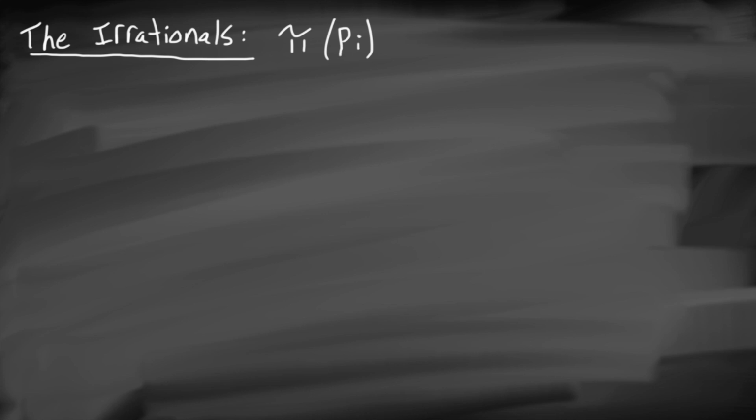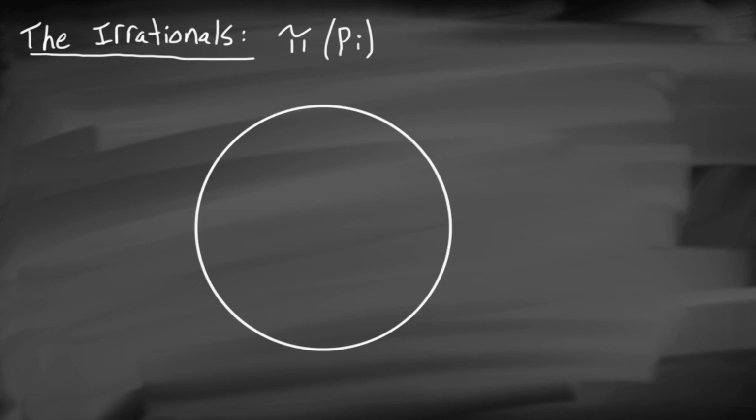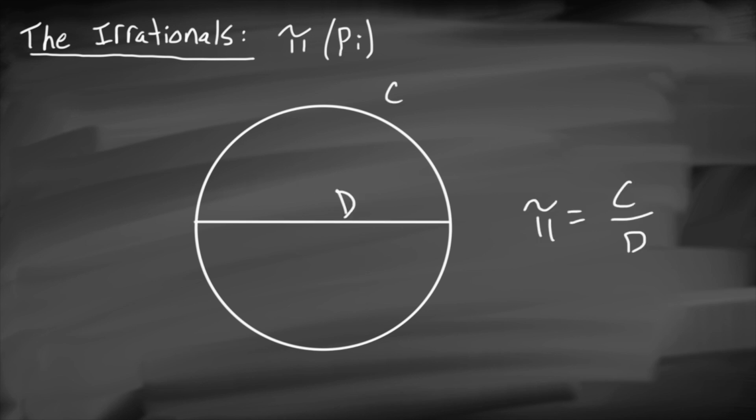If we move from squares to circles, we can find the irrational number pi. Pi is most simply defined as the result of the ratio of the circle's circumference to its diameter, and we write pi equals c over d. Pause.